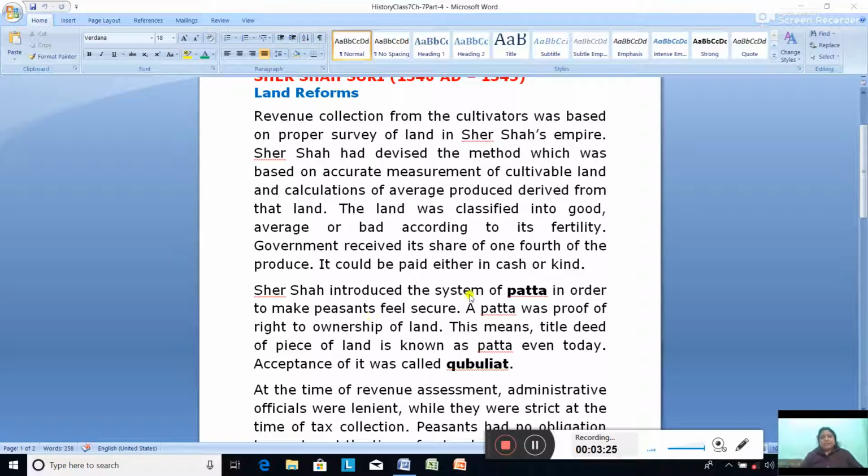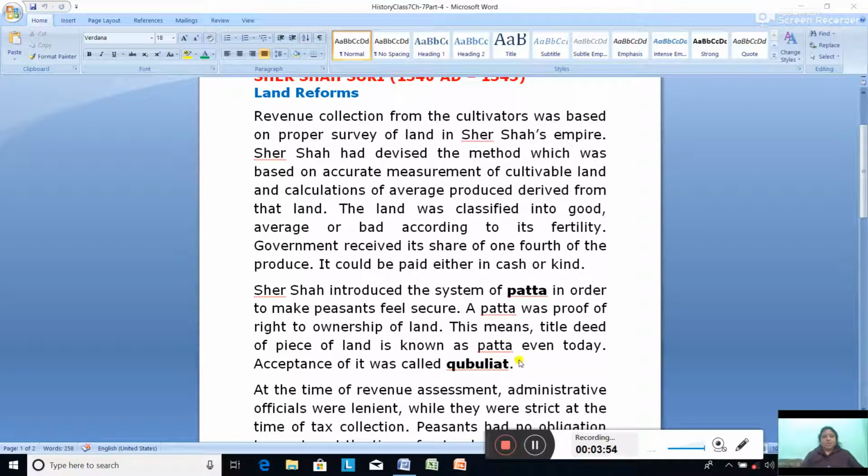For that, he introduced a new system known as the system of patta. What is the meaning of system of patta? A patta was proof of right to ownership of land. The title deed of land is known as patta even today.